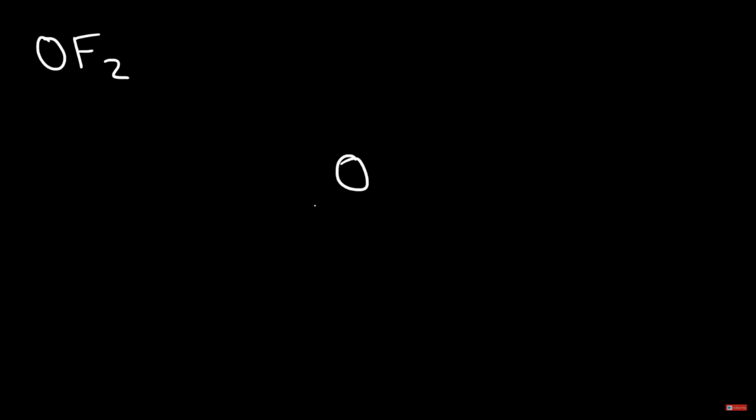Now let's try another example. Let's try oxygen difluoride. How can we draw the Lewis structure for that? So oxygen has 6 valence electrons, and fluorine has 7.